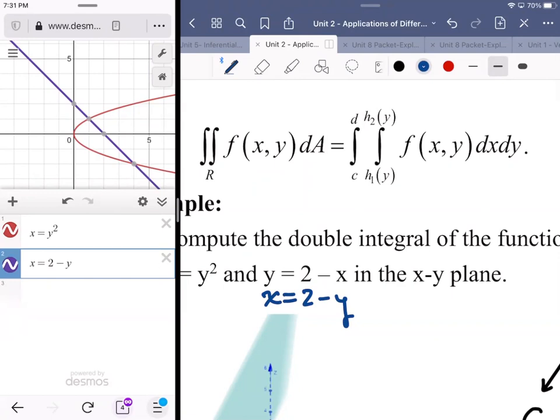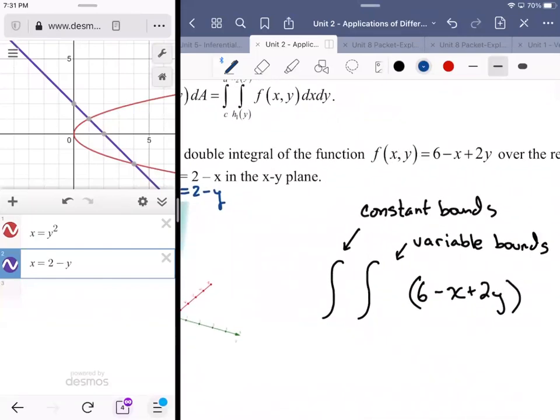All right. So what we want to do is think in terms of lowest x to highest x, so low bound to upper bound. If we're doing it in terms of x, that means left to right.